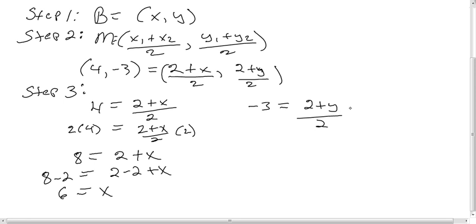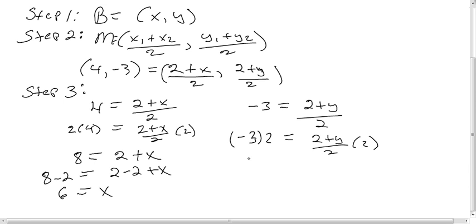Since 2 is being divided, we need to multiply both sides by 2. So -3 times 2 is equal to 2 plus y divided by 2 times 2.